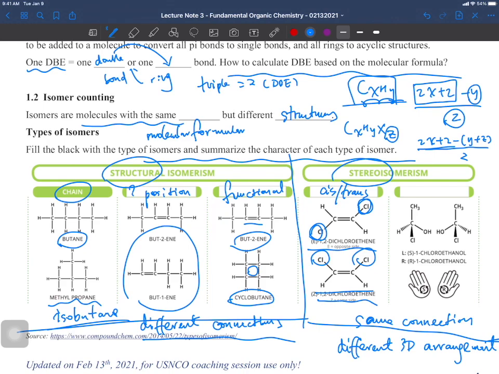So this means they have the same connection, but a different 3D arrangement. Actually, this is a 2D arrangement because both of these molecules are planar, right? Another one is when one carbon is connected to 4 different groups. As you can see, these two structures.